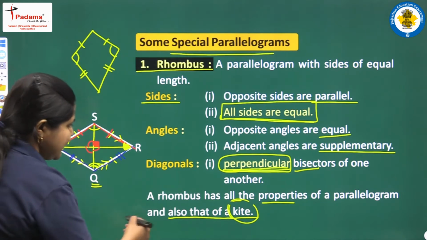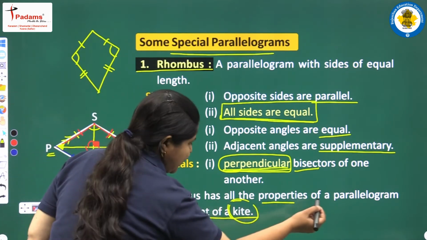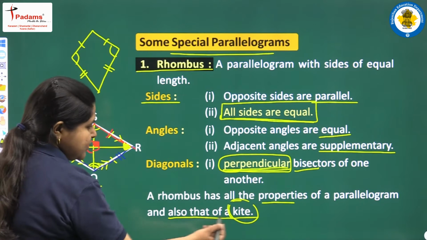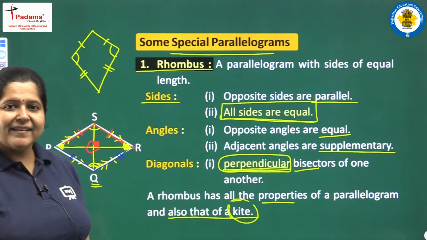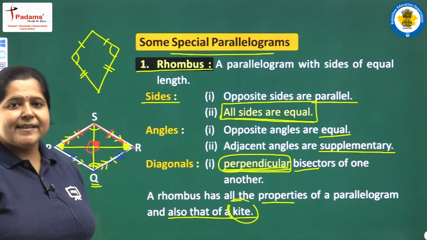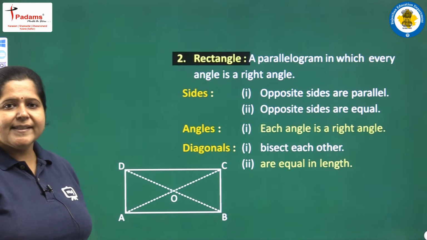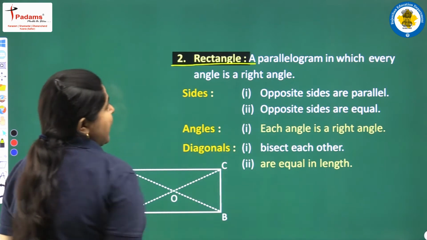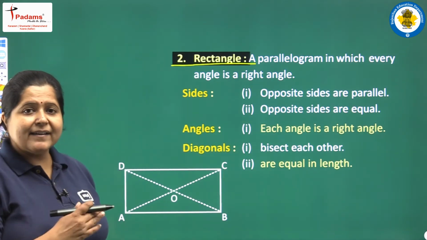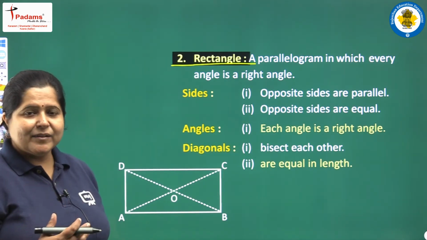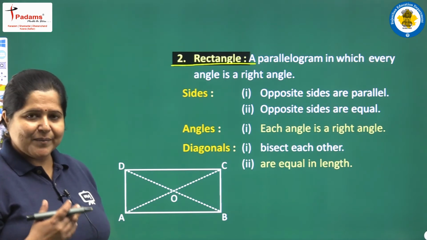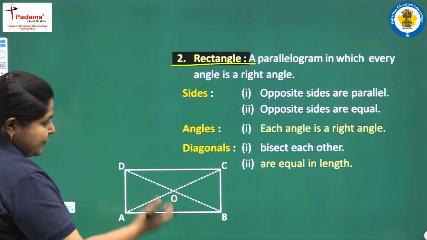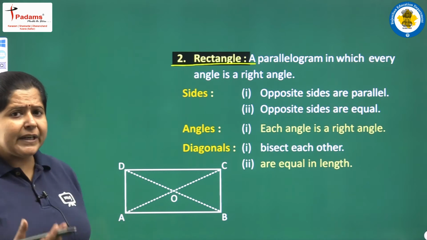So we say a rhombus has all the properties of a parallelogram and also that of a kite. Clear to you? Now, the next special parallelogram is a rectangle. A rectangle is a parallelogram in which each angle is a right angle measuring 90 degree each. This is a rectangle in front of you. It is a very familiar shape.